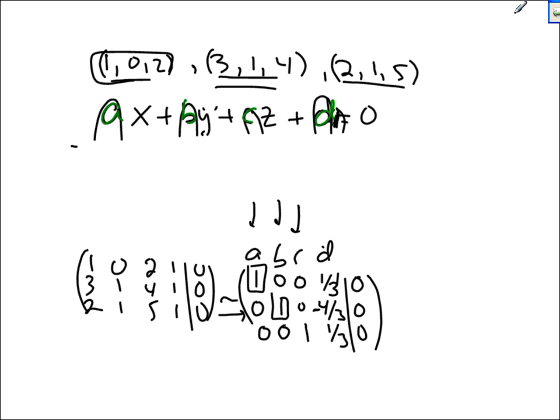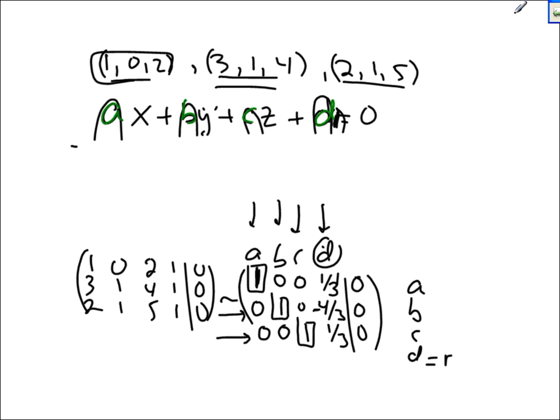The third column has a leading entry, a first non-zero entry for row 3. The fourth one does not have that. That is, D can be anything. So, A, B, C, D. D can be anything. Let's call it R.